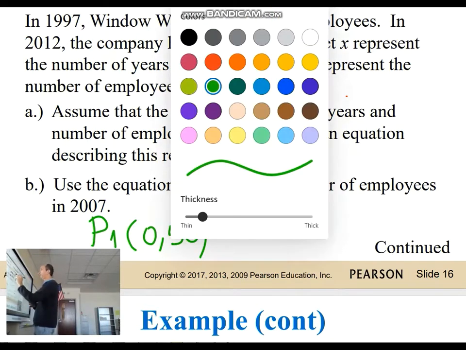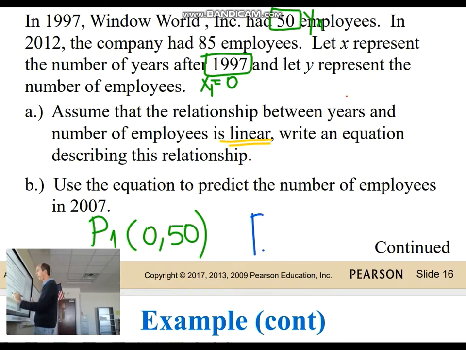What about point number 2? For point number 2, we have the year is 2012. So for X2, you need to subtract 1997 from 2012 to find the number of years that have passed since 1997.